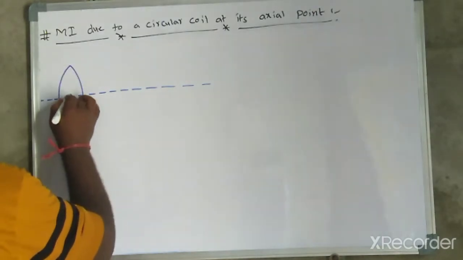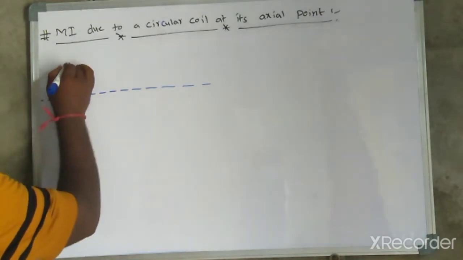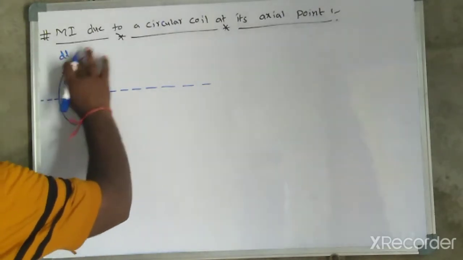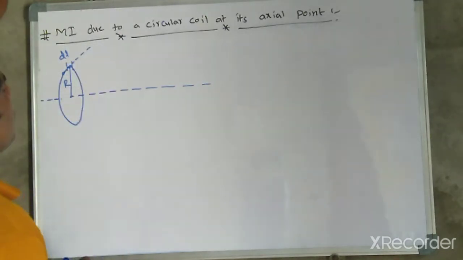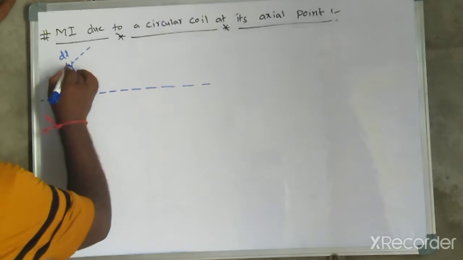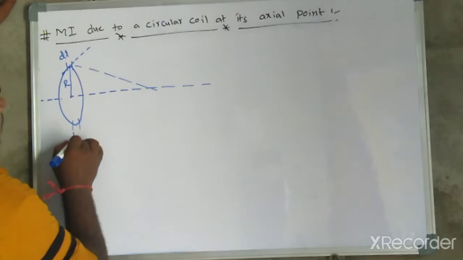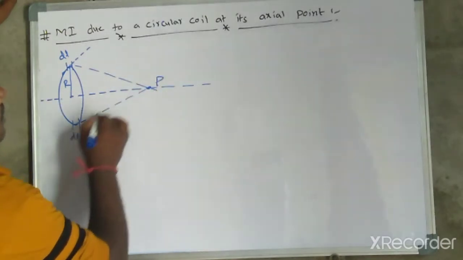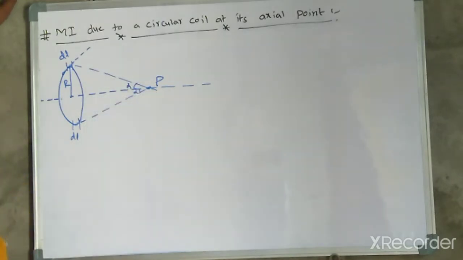Here let the radius be r, and on the top side take a small element dl; you may draw the tangential line like this. In the bottom also you may draw one line, and this small element is also the same. At point P, here also making angle alpha, here also making angle alpha.